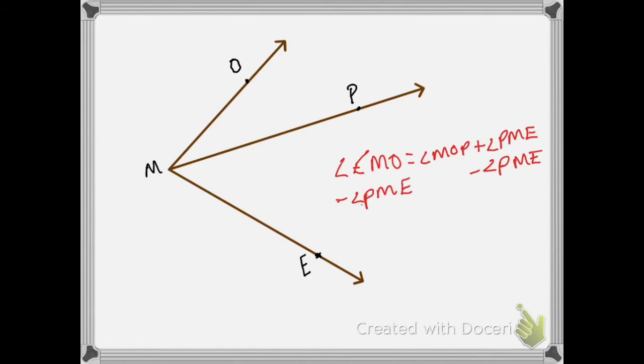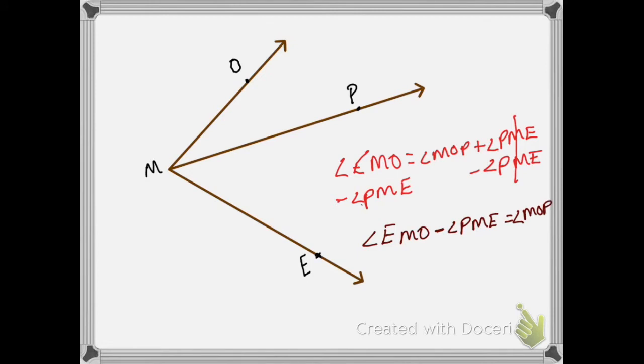All right, I can subtract that from both sides. This side will cancel, and I will end up with angle EMO minus angle PME equals angle MOP. That's it, okay?